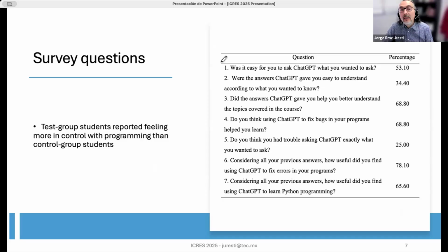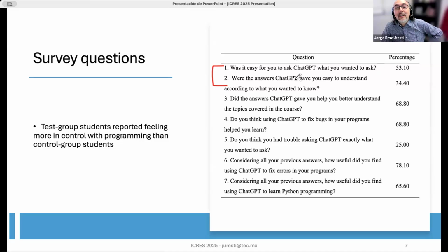For example, questions 1 and 2 were about the use of ChatGPT, because we assume that they are happy using these kinds of tools, but are they really happy with the use of them? Was it easy for them to ask ChatGPT? In general, we can say that it was easy.